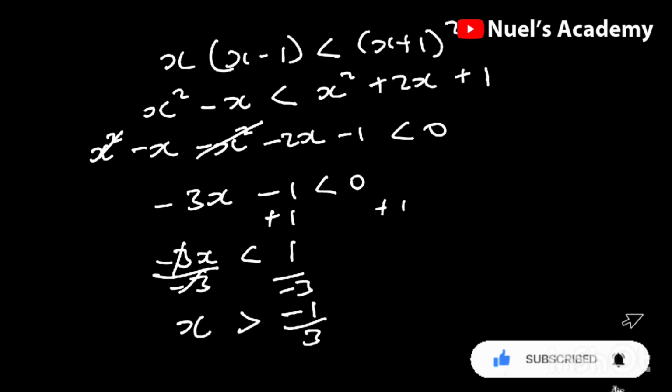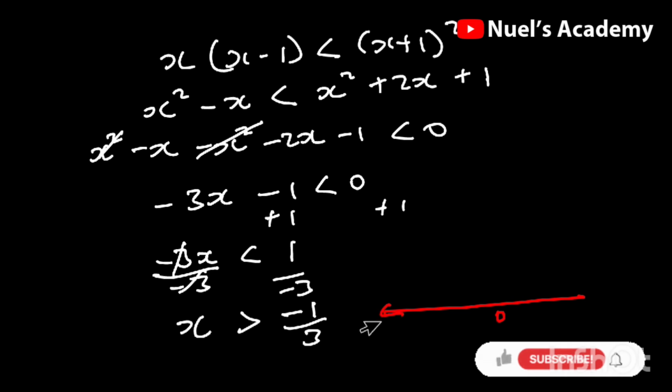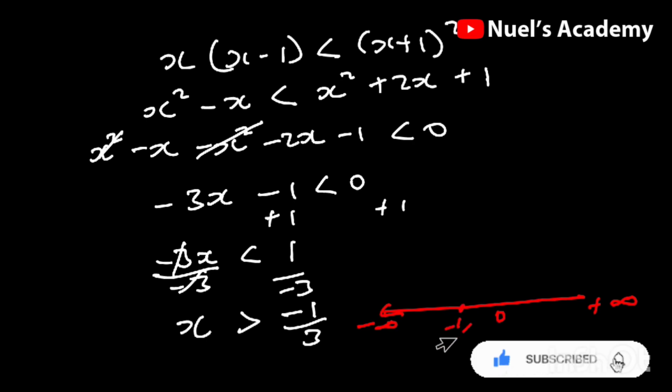So to represent this on the number line, we have 0 here. We have negative infinity, we have positive infinity. So let's assume that negative 1 over 3 is at this point. Because this is a strict inequality, we are going to represent this with an open dot or open circle, because this negative 1 over 3 is not inclusive.